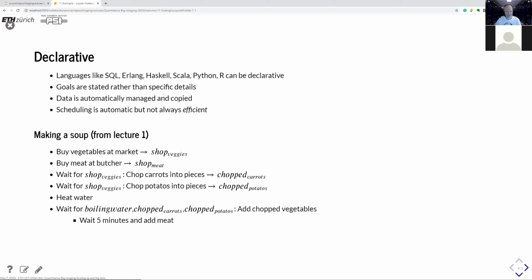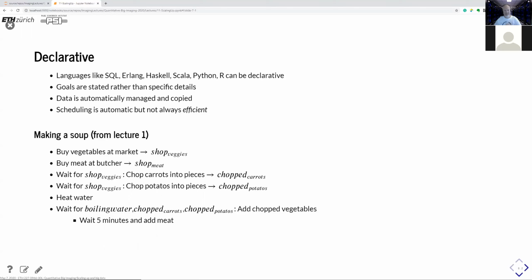So you declare you need to buy vegetables. Then you start to declare the task, chop veggies. Then you need to buy meat at the butcher, so you send off a task, chop meat. And then you come to a barrier point where you say you need to wait until the vegetables are available. Then you can start the next task, which is chopping carrots into pieces. At the same time, you can also dispatch the next task, chopping the potatoes.